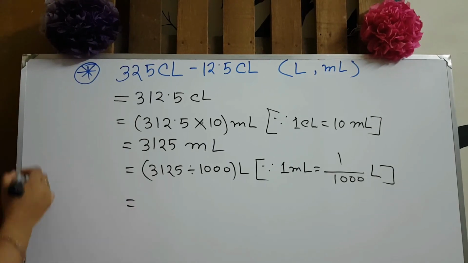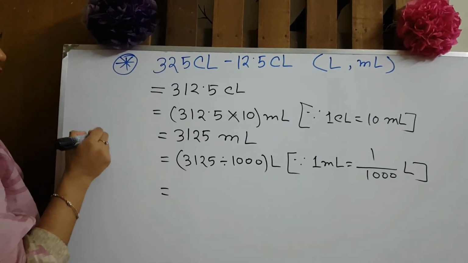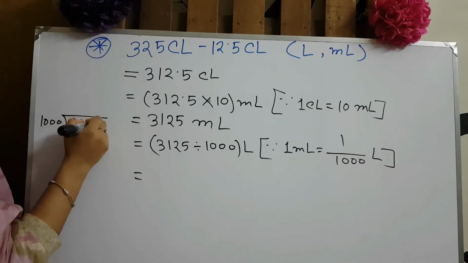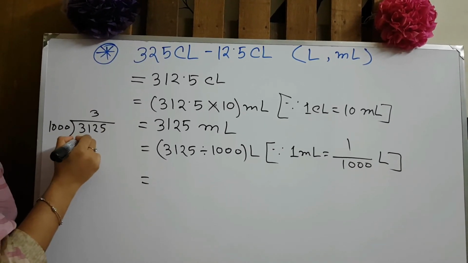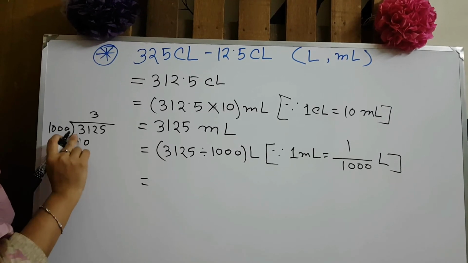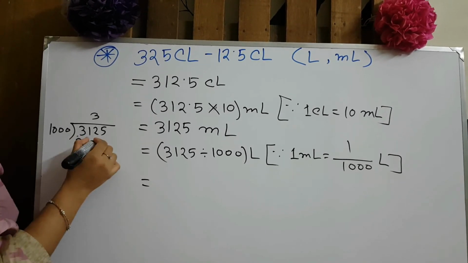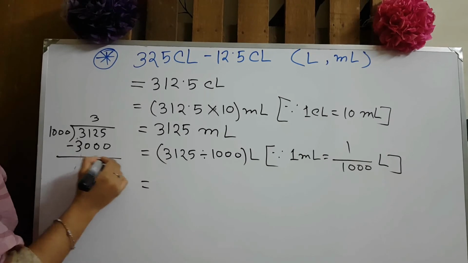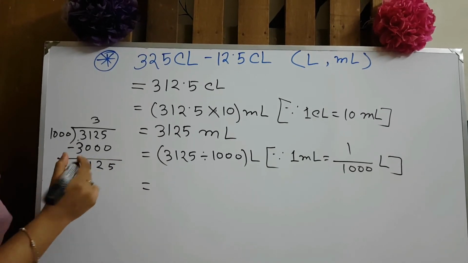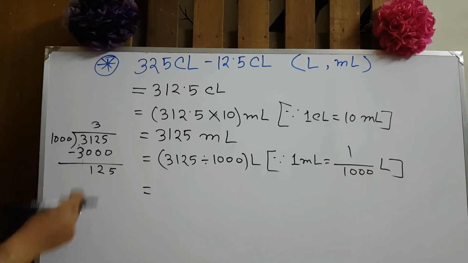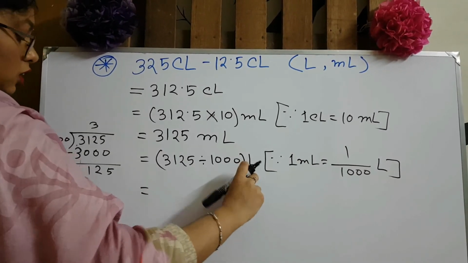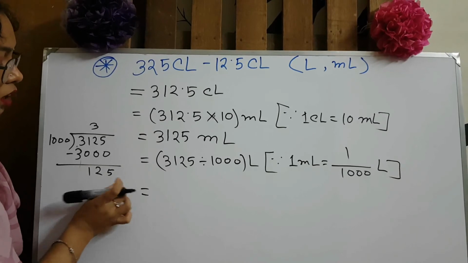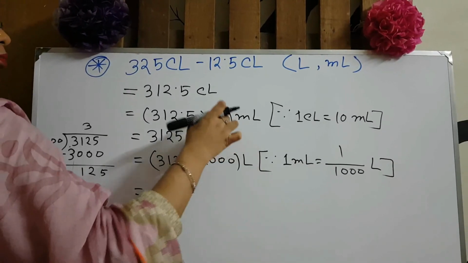Now let's solve it in the rough. Here we can take 3 times 1000, which is 3000, and the subtraction result is 125. So 3 will be liter and the remainder 125 will remain milliliter.